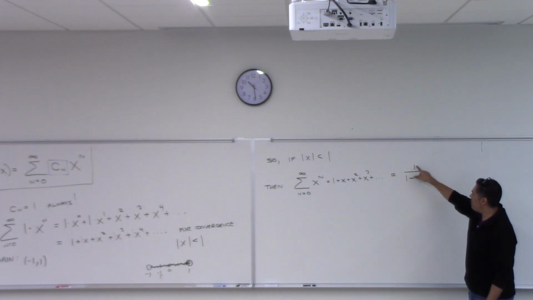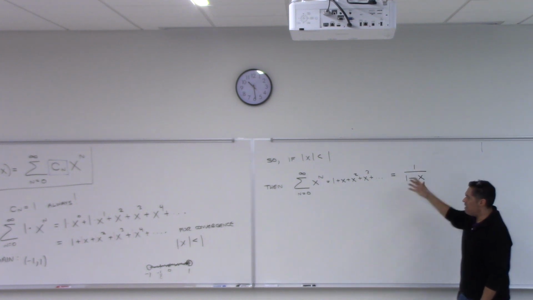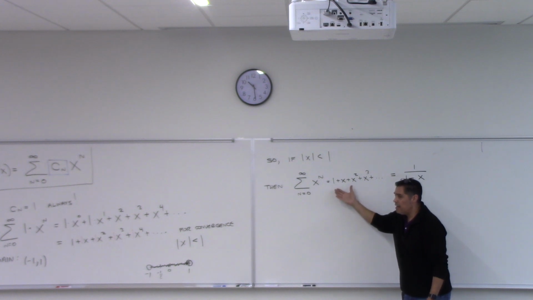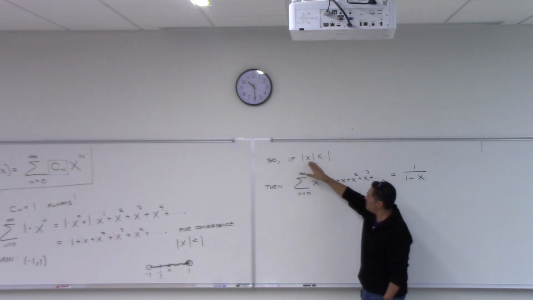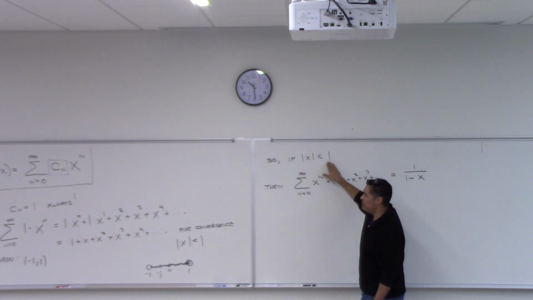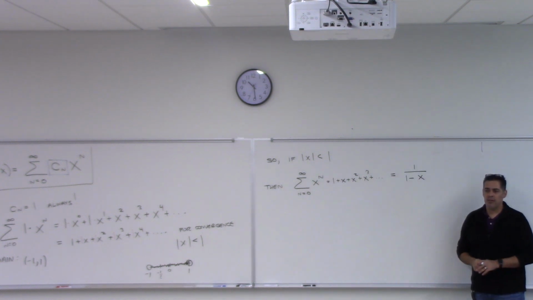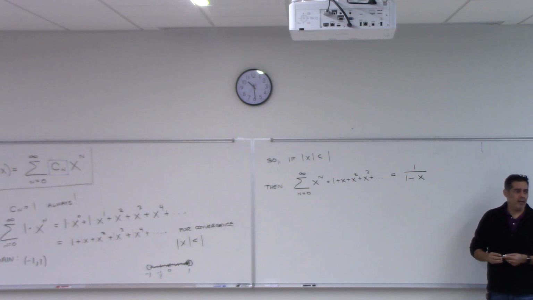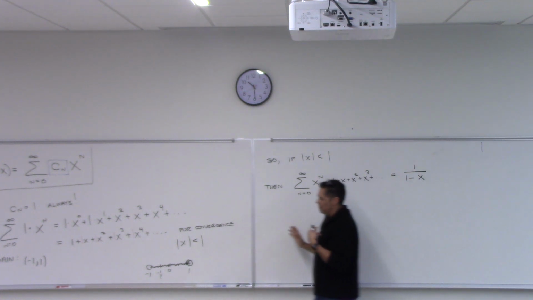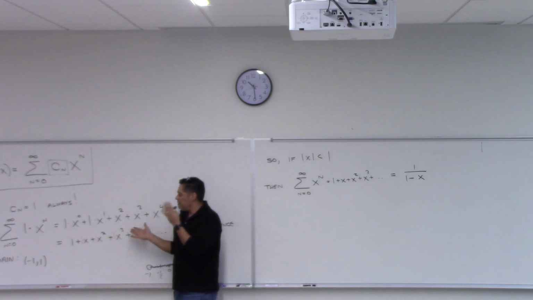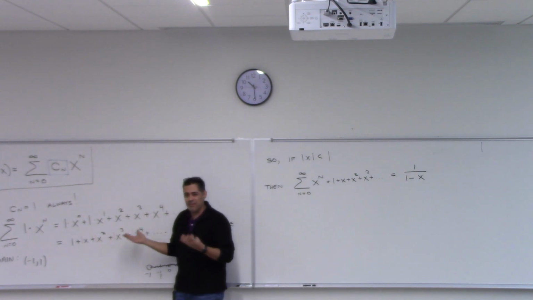This right here is a over 1 minus r. A for us here is 1, and the r is x. So as long as the absolute value of x is less than 1, this is equal to this. Now, I need you to wrap your head around what we're saying, because it should probably seem crazy to you, like, what are we doing?